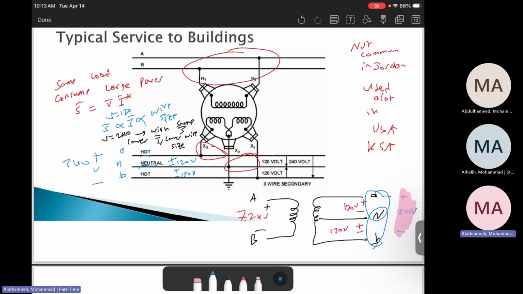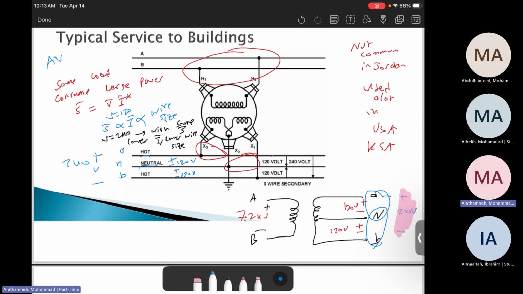Those large loads, as an example, are air conditioners. If you have a central air conditioner, also the air dryer, those are examples of loads that consume a large amount of power. Also, you can put your EV charger as well.